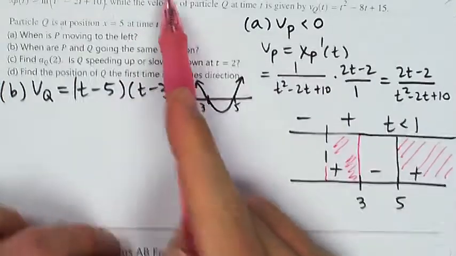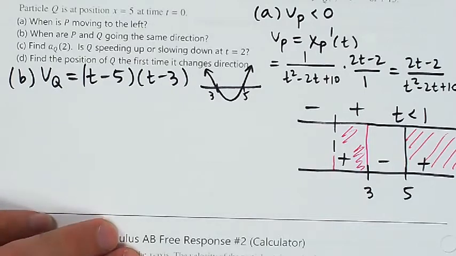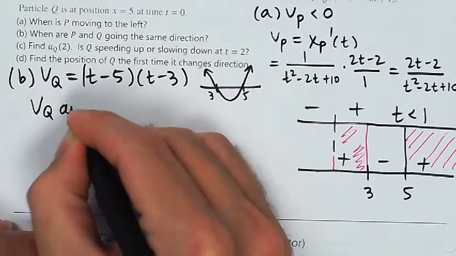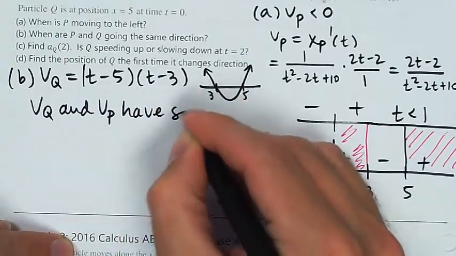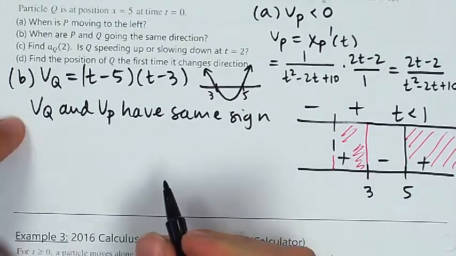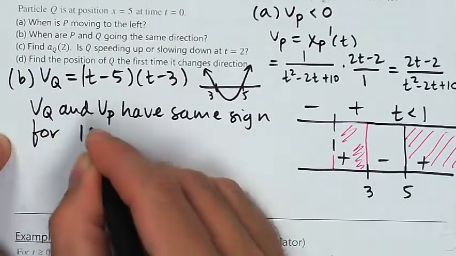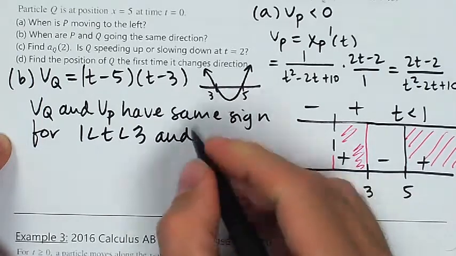And 0 to 8 is kind of the bounds of time in this situation. So I'm going to say for part B, VQ and VP have the same sign for 1 to 3 and 5 to 8.